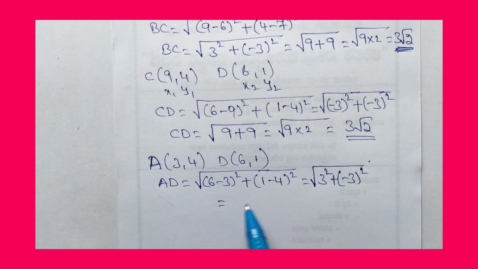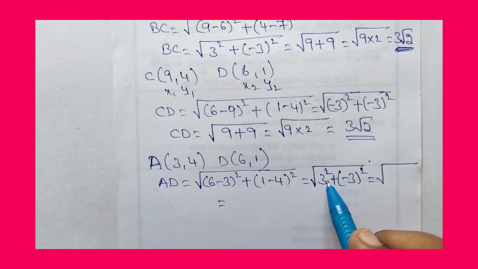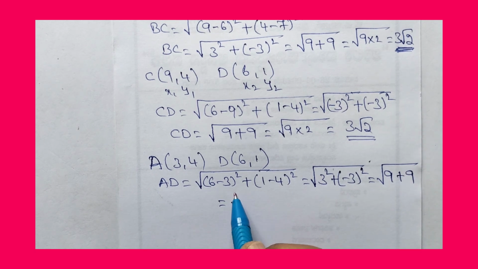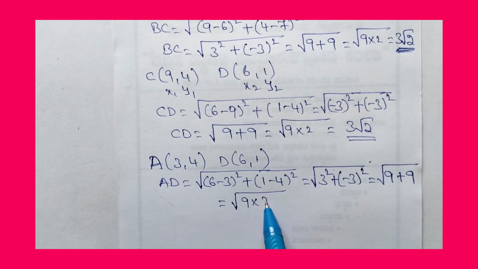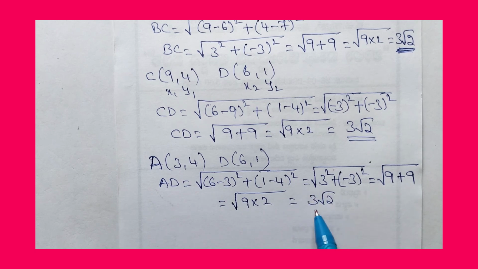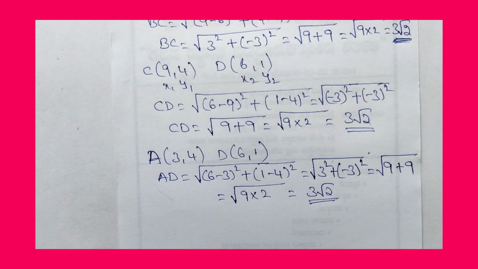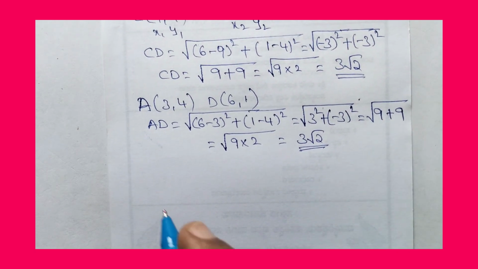So that is equal to square root of 3 square is 9, minus 3 whole square is also 9. Square root of 9 how many times? 2 times. Therefore square root of 9 is 3 root 2. So all the four sides are equal. AB 3 root 2, BC 3 root 2, CD 3 root 2, AD also 3 root 2. All the four sides are equal.